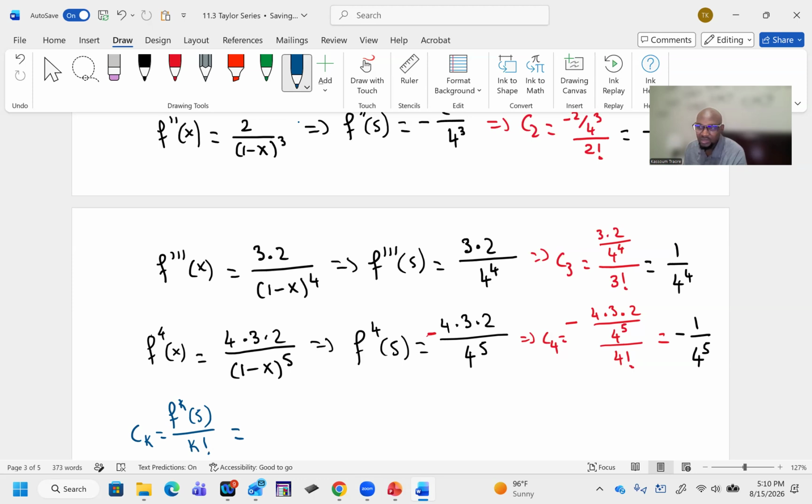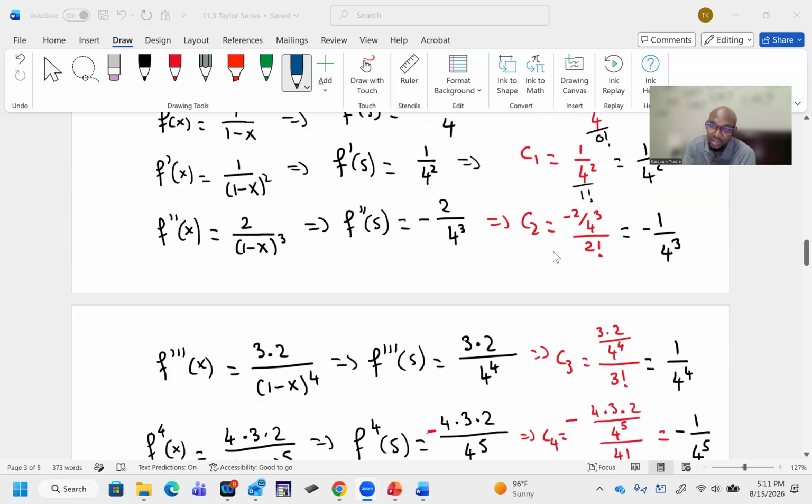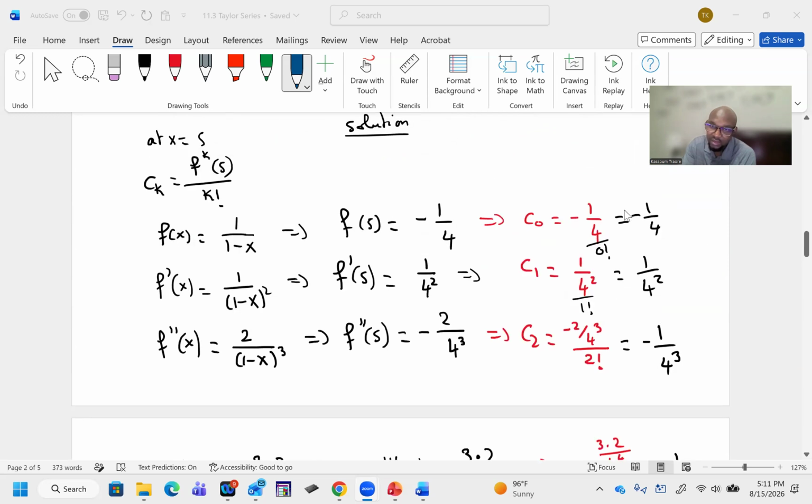You can see from here, what do we see? We can see the sign is switching, right? From negative to positive and so on.